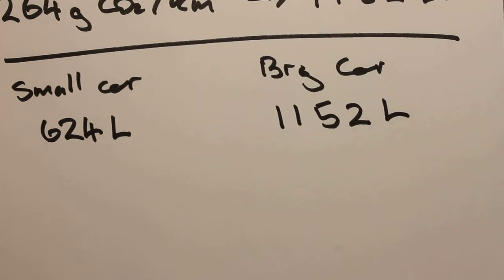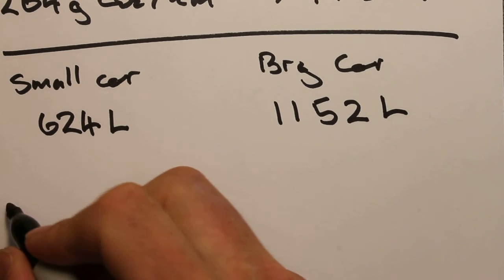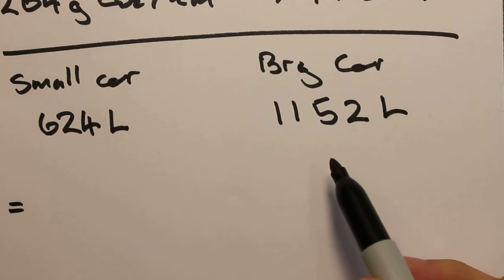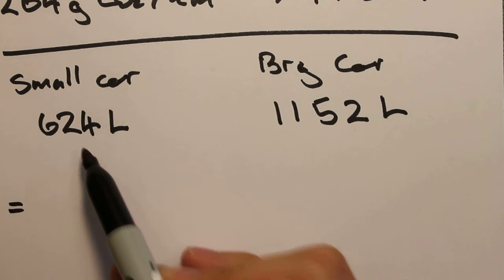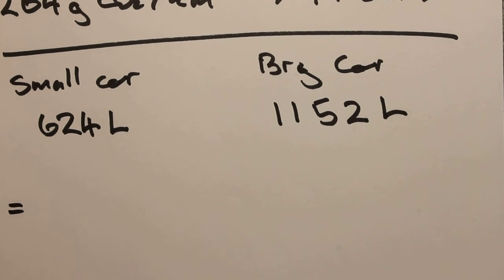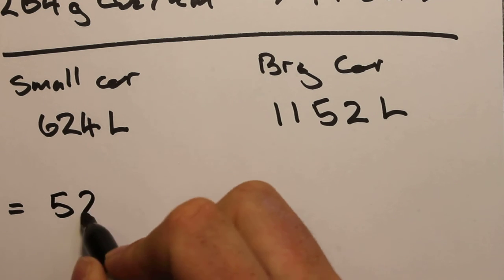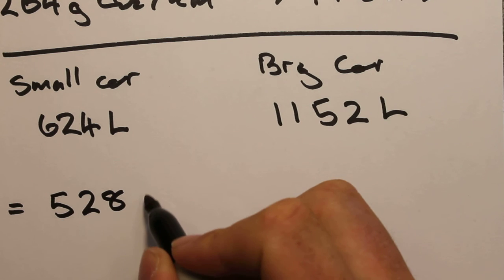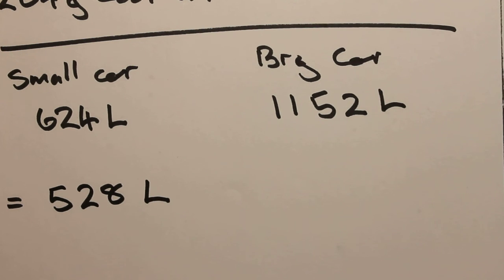So now we have to do some subtraction. We subtract our 624 from our 1,152, and that equals 528 more litres. And that is the final answer to that question.